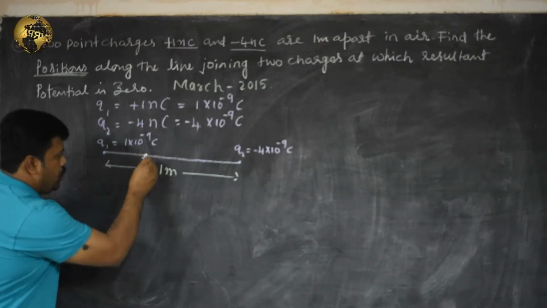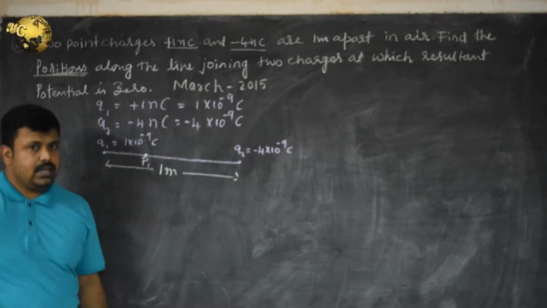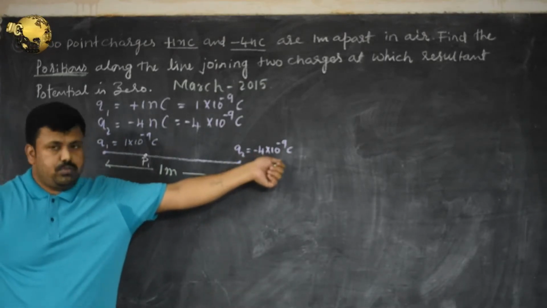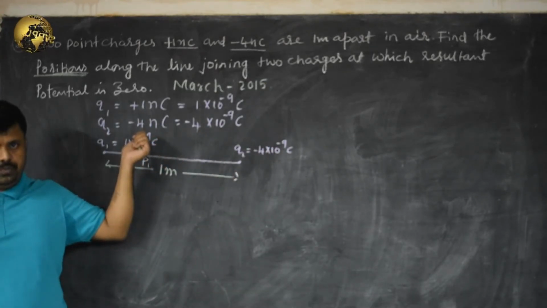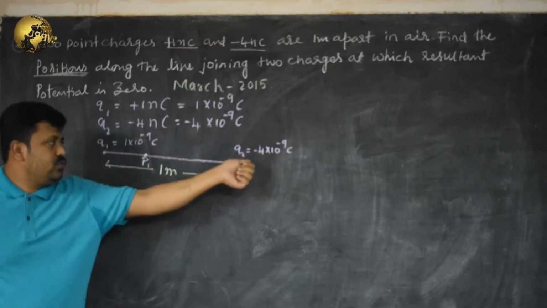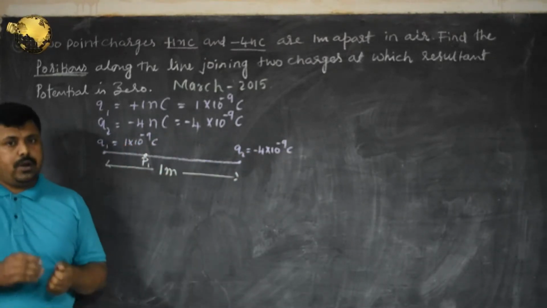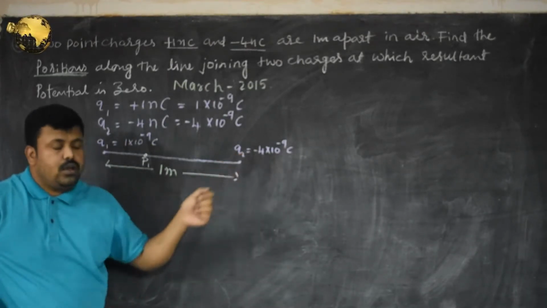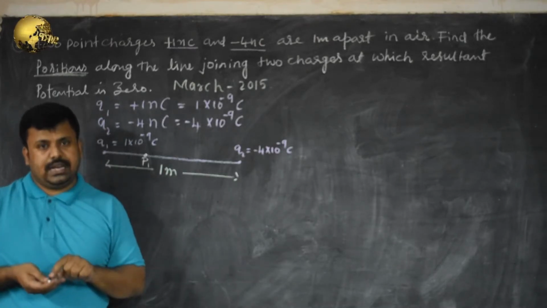This is P1. So when I write this, the first question that will come into your mind is that minus 4 is smaller compared to 1. But actually, the minus refers to more number of negative charges.